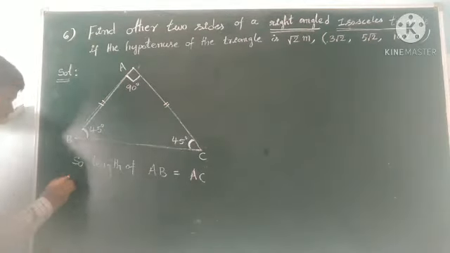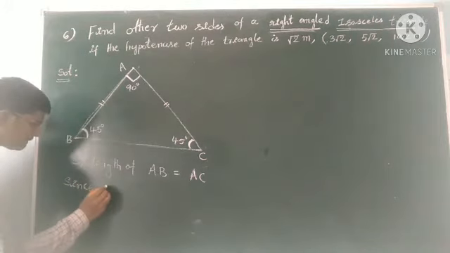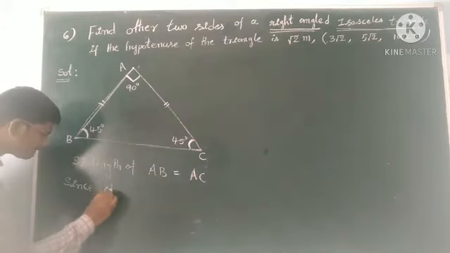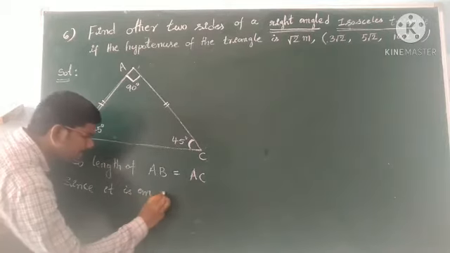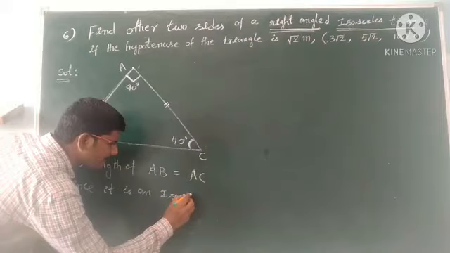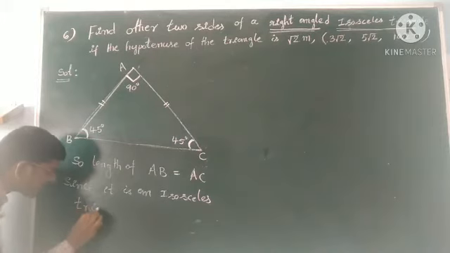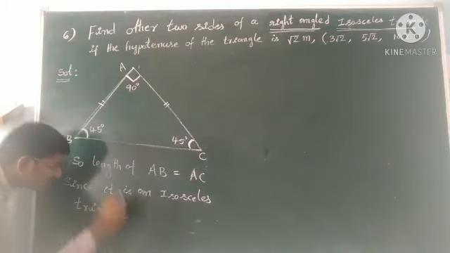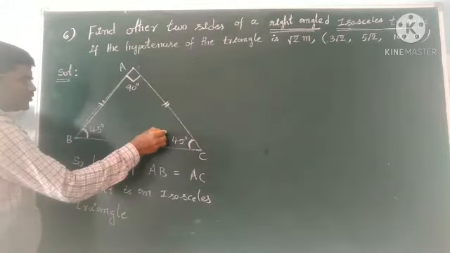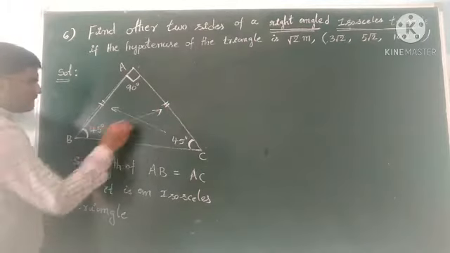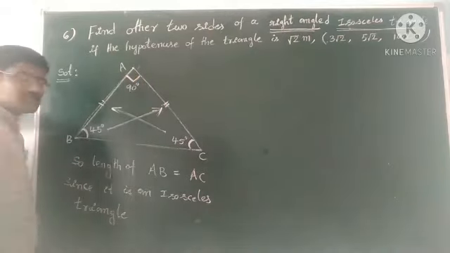Since it is an isosceles triangle, two angles are equal, so two of its opposite sides must be equal. So these two sides' lengths are equal.